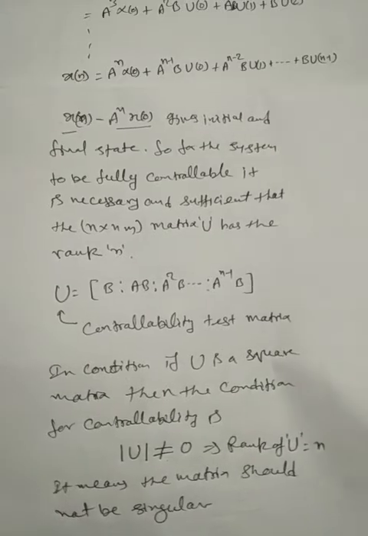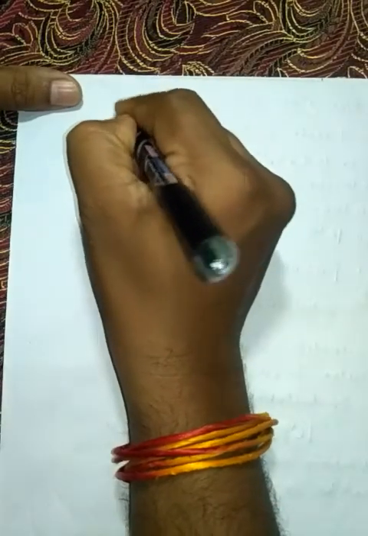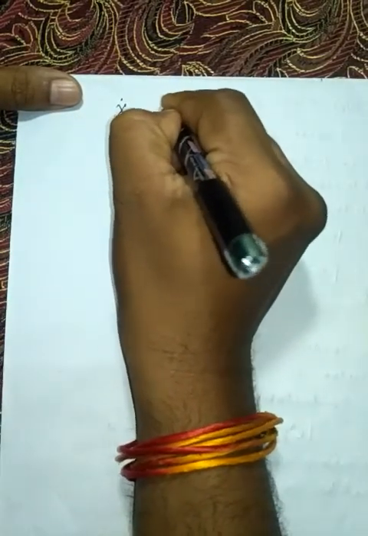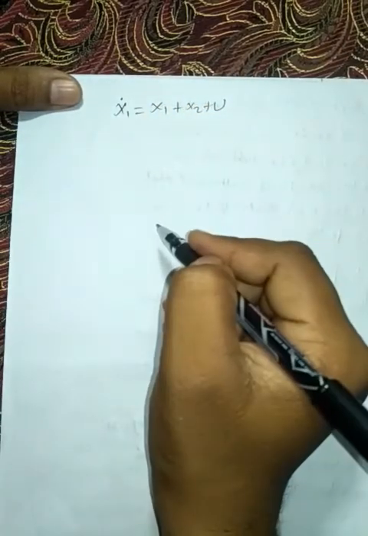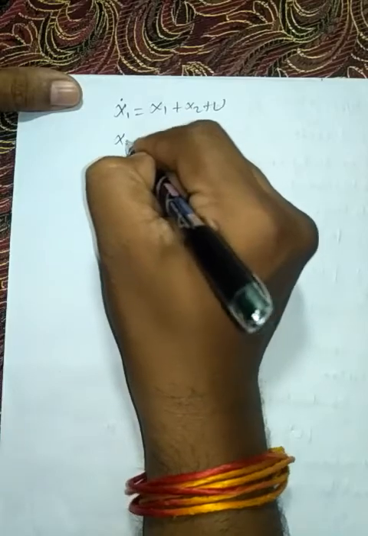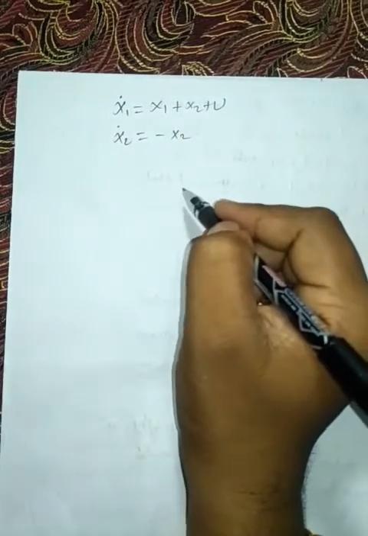For example, let we have a system like x1 dot is equal to x1 plus x2 plus U, and x2 dot is equal to minus x2.